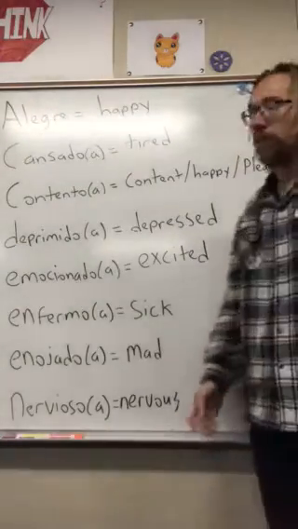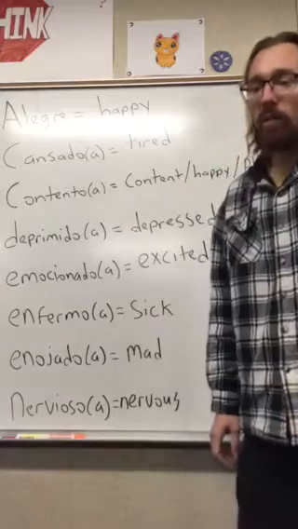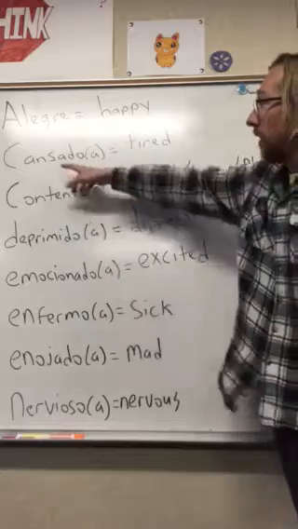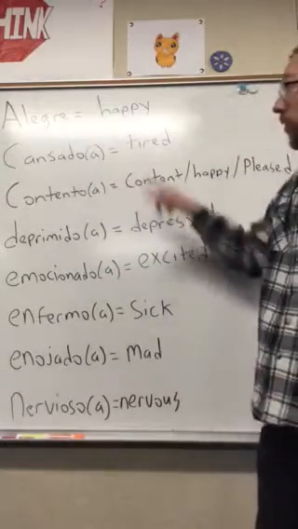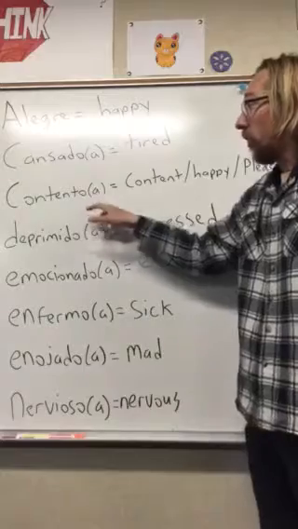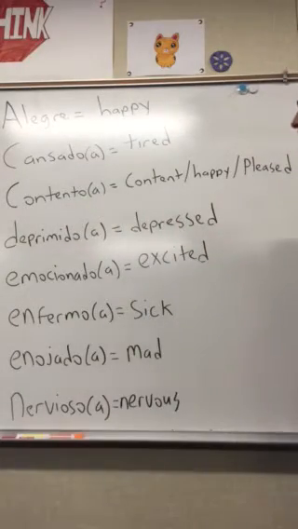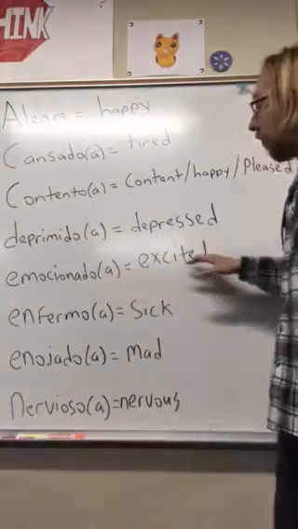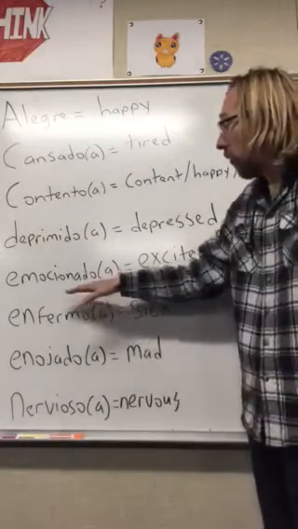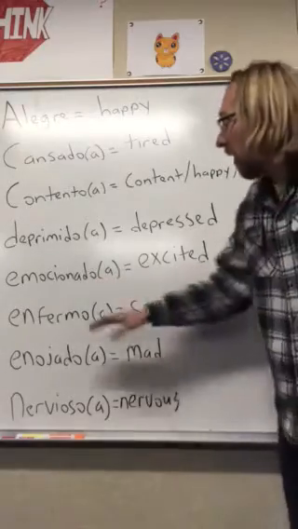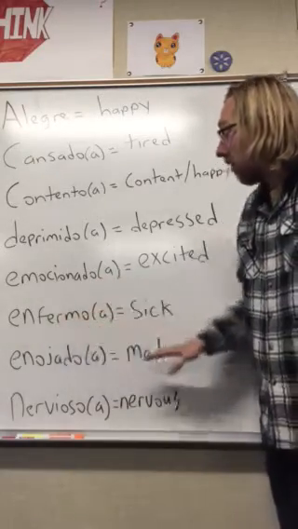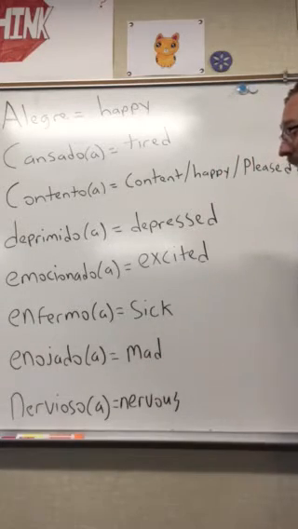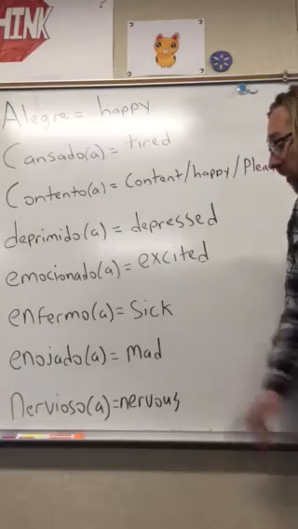I want to go over some of the vocabulary that we've been learning. We have alegre, which is happy, cansado or cansada, which is tired, contento or contenta, which is content, happy, or pleased, deprimido or deprimida, which is depressed, emocionado or emocionada, excited, enfermo or enferma, which means sick, enojado or enojada, which means mad, nervioso, nerviosa, nervous.